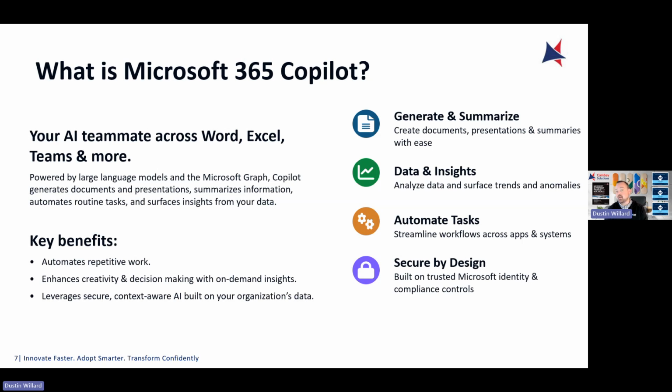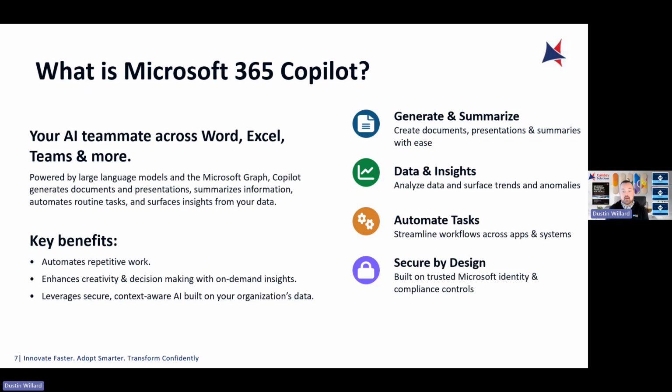And now GPT 5.2 is rolling out. So there's a ton of opportunity to really automate things that were mundane, so you could get your time back and actually redeploy that to something more useful. It also helps enhance creativity and decision making.